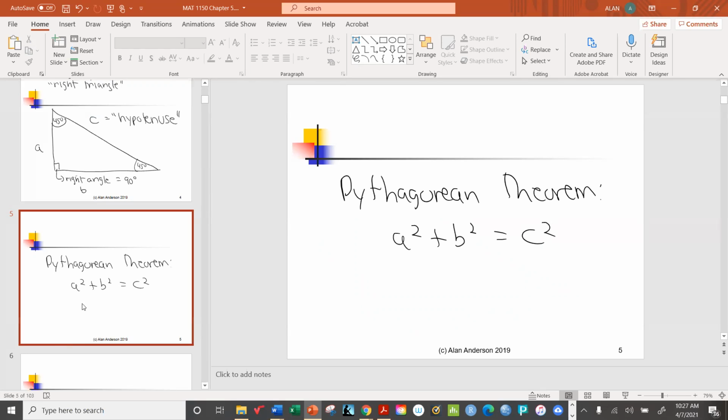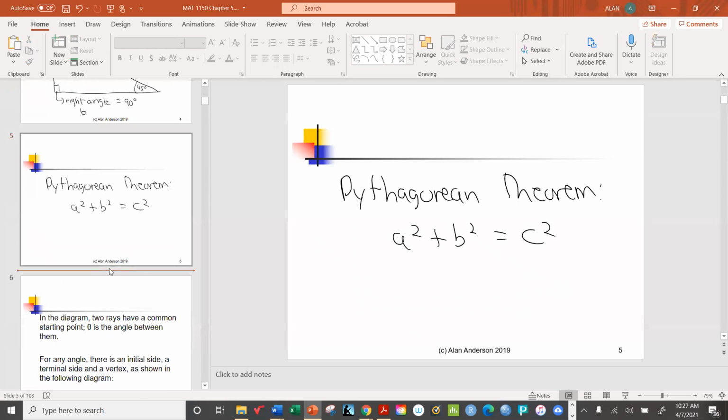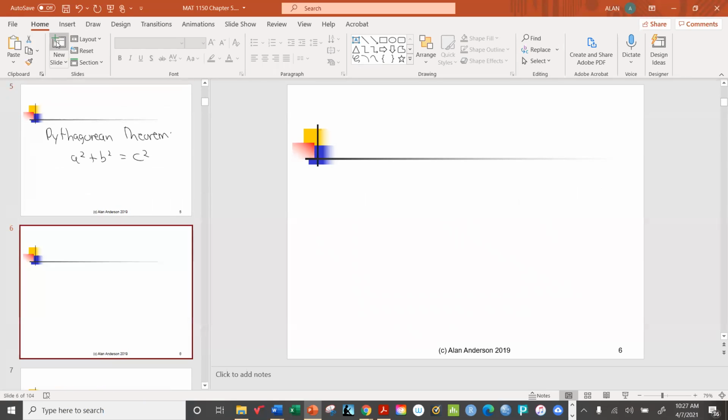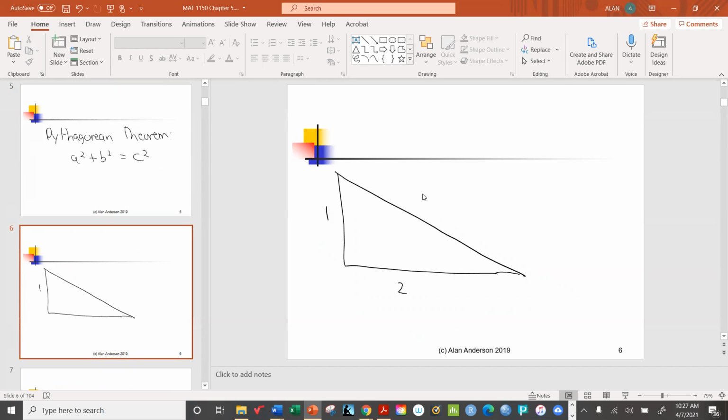And you might recall that there were certain ones that you may have been asked to memorize. For example, why is this the case? Because 1 squared plus 2 squared. Oh, wait a minute. No, sorry, I screwed that one up, didn't I?